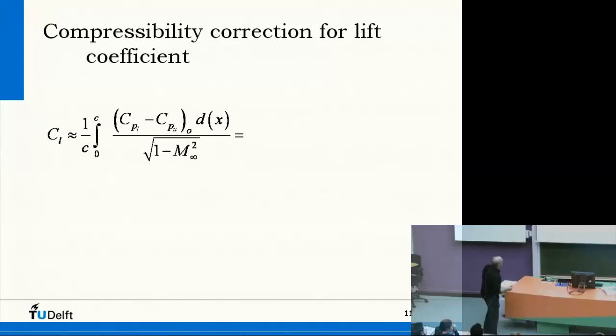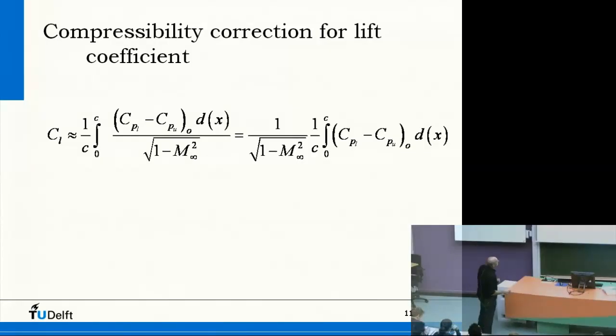Well, here we have what we had before. The CL is about, because it's small angles, the integral from 0 to c of all these CPs divided by this Prandtl-Glauert factor, dx.